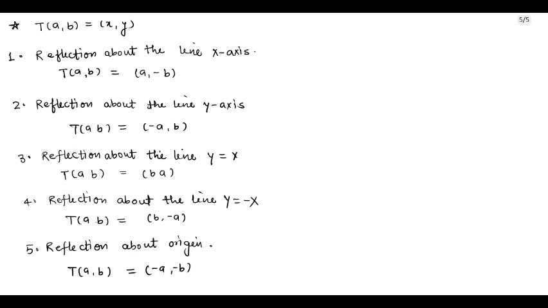Clear? Yes sir. Sir, how do we construct these matrices? I just told you, for the standard basis, the corresponding reflections are transformations in R2 to R2, and we say the standard basis is (1,0),(0,1), right? Then you find T of the basis vectors. So what is the image of (1,0) for the first one, about the x-axis?